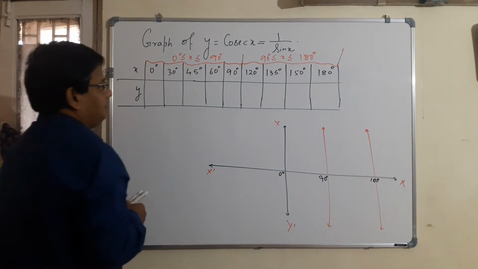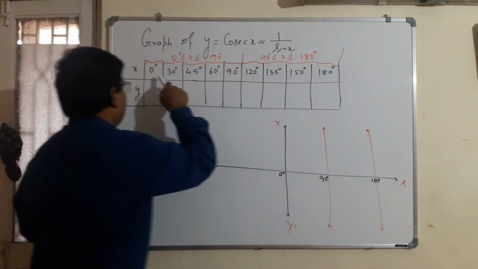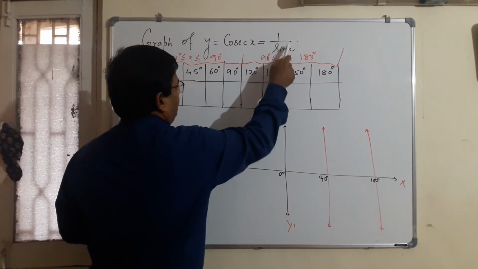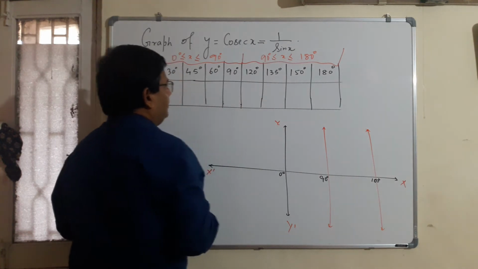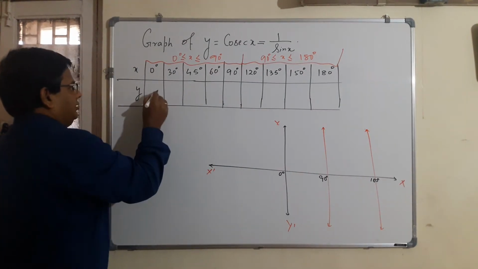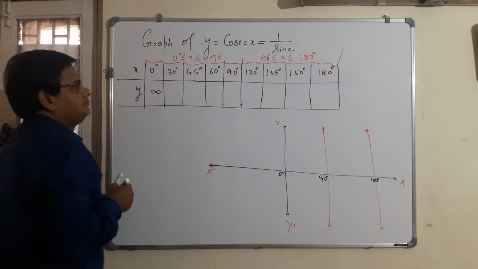See, sine 0 equals 0, so when x equals 0, y is 1 by sine 0, and 1 by 0 is infinity.